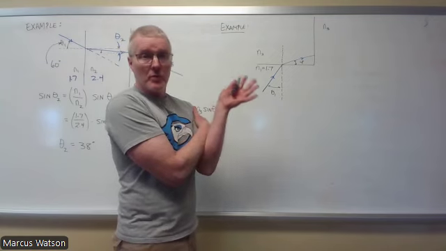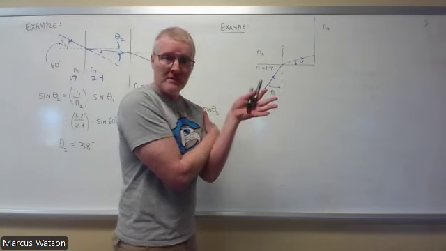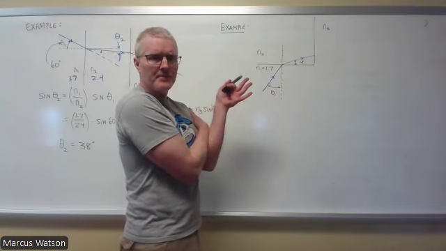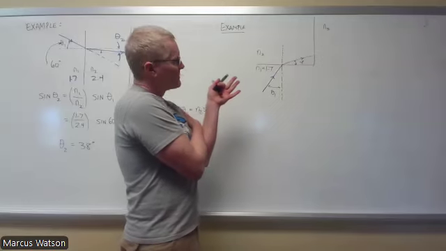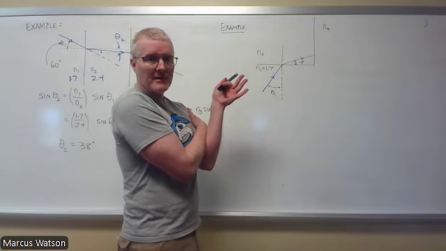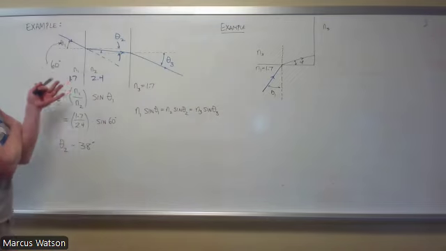Is it 1.7? Is it less than 1.7? Is it more than 1.7? What is N2 relative to N1? Okay, now look at the path of the light and maybe compare it to what was happening over here.